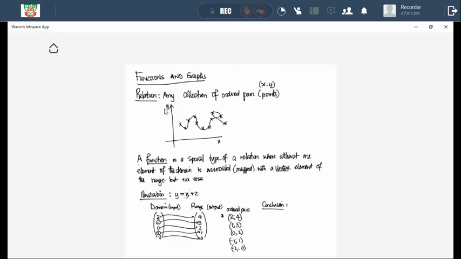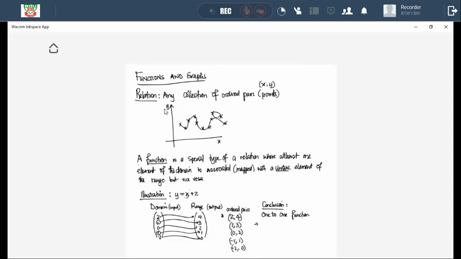Such a type of function, we call it a one-to-one function. What is a one-to-one function?